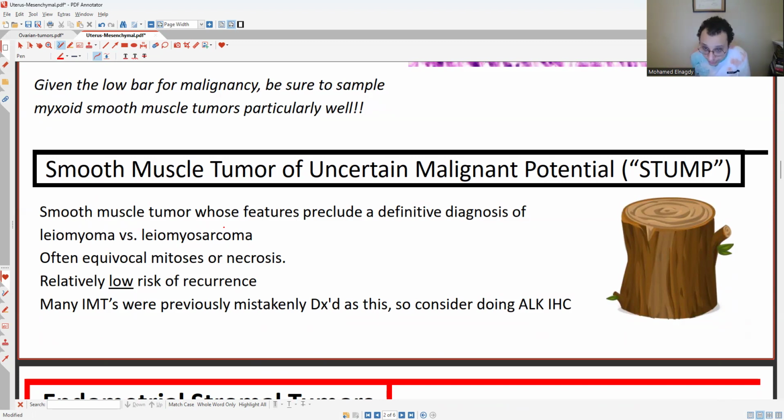Yeah, that's correct. Multiple is a reassuring sign. If you see multiple lesions in the wall of the uterus and they have a whorly cut surface and a bulging, white, uniform cut surface, that's highly likely to be leiomyoma. However, if you see a single huge one, I start to get concerned.